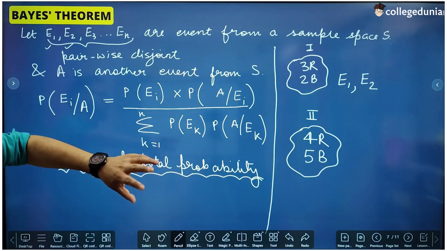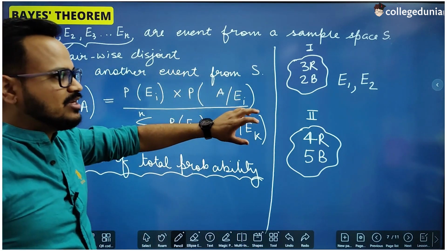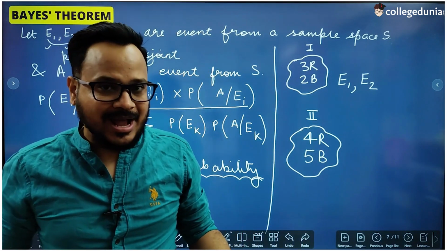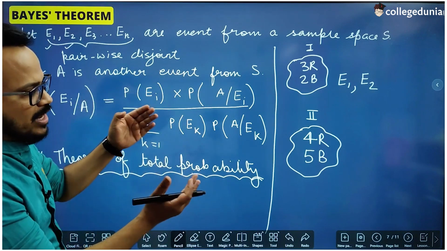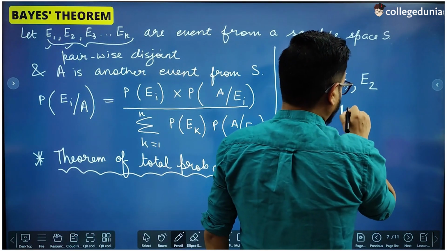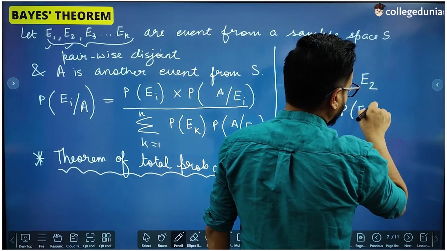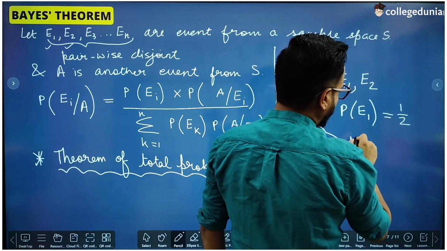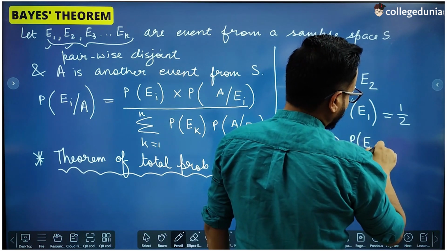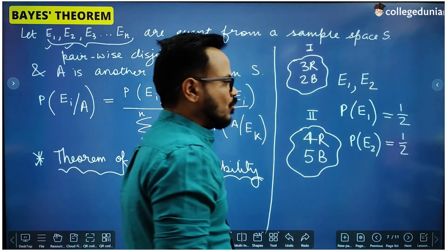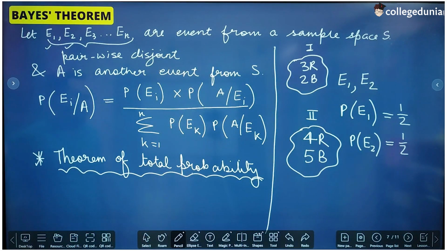E1 is the event when we have selected bag 1 and E2 is the event when we have selected bag 2. Obviously there are only two bags, so the probability of selecting one bag out of two bags is 1 by 2, right? So we can say that P(E1) is 1 by 2 and P(E2) is also 1 by 2, right? Okay.